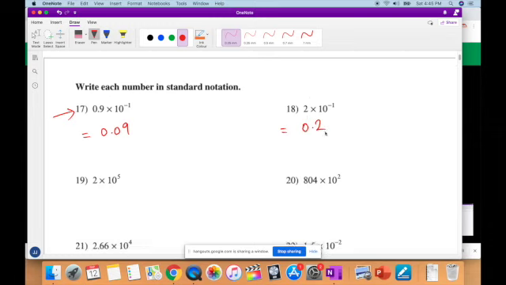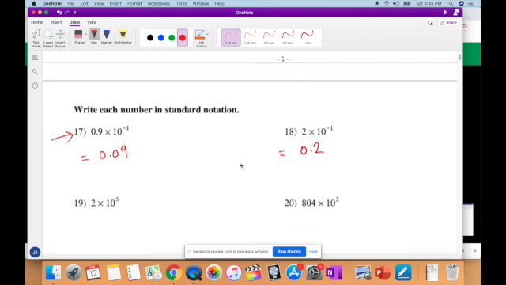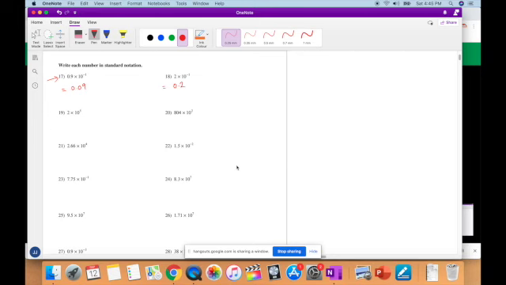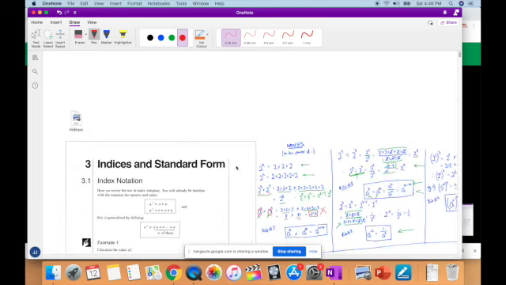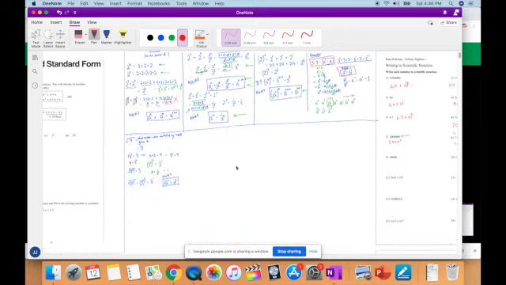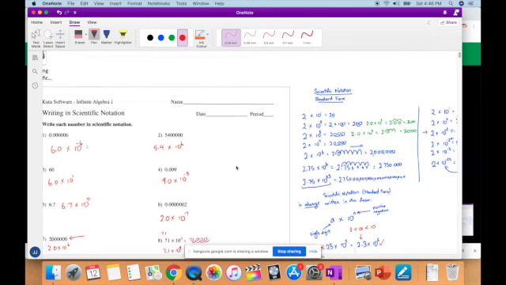Very good. I think you all understand it now. That is it. So today we had quite a productive class. Today we did indices, and today we did scientific notation.